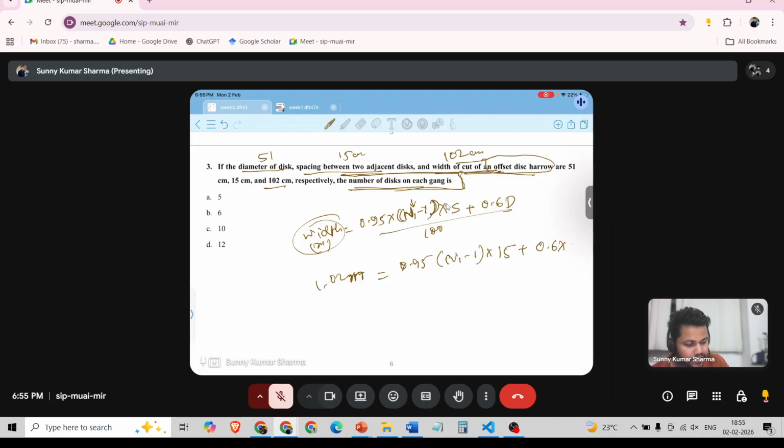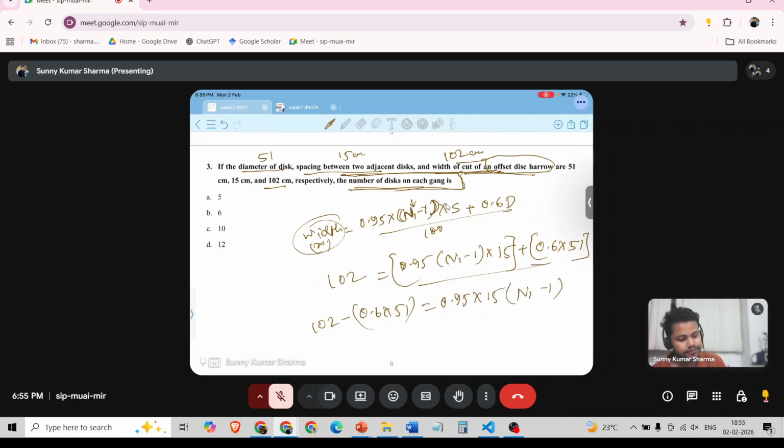The division by 100 comes to this side, so it becomes 102 centimeter again. So 102 minus 0.6 into 51 will be equal to 0.95 into 15 into (n1 minus 1). Calculate this n1 value.